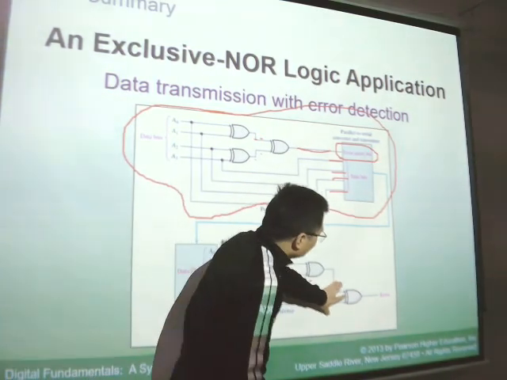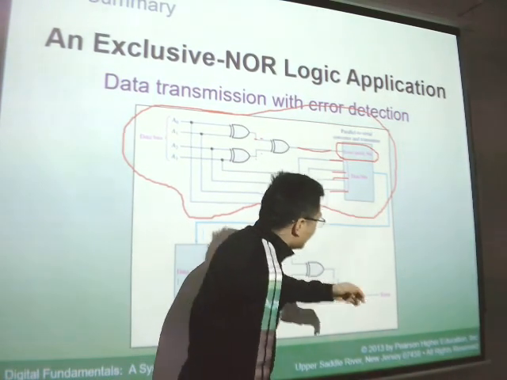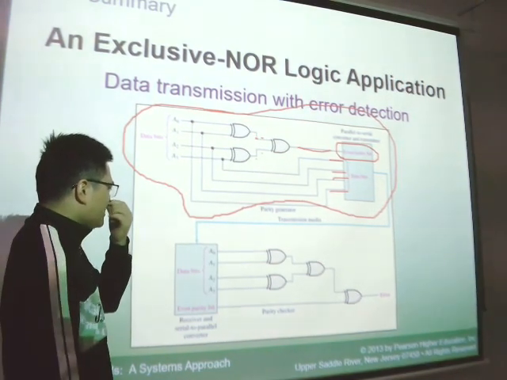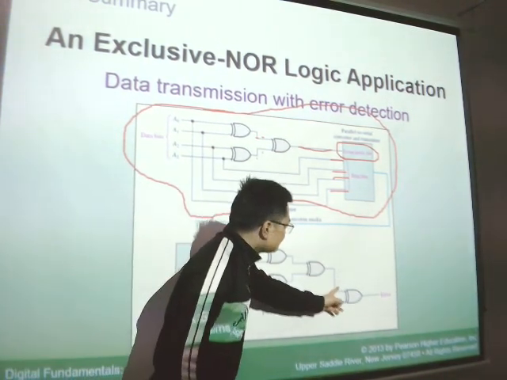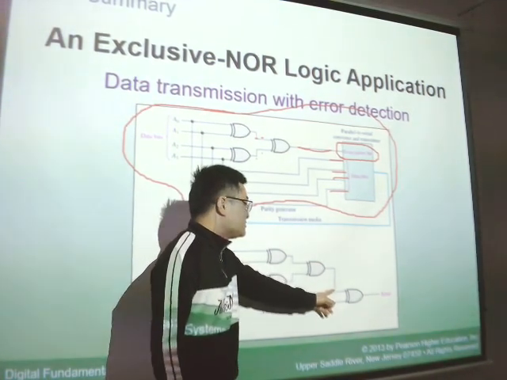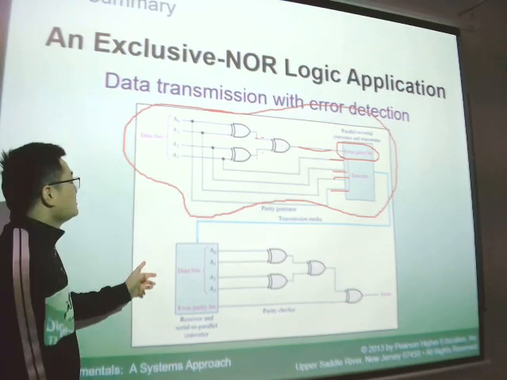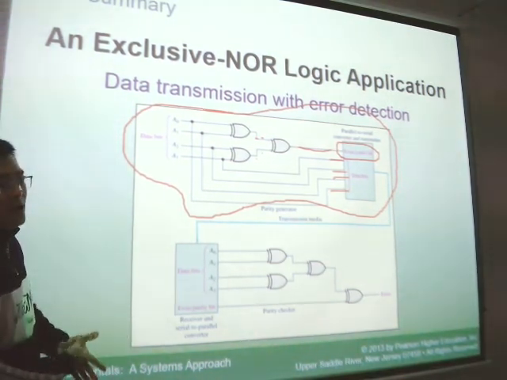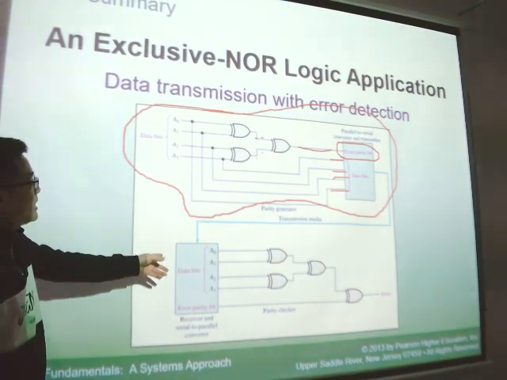These two bits are XORed. Then, if the two bits are different, we know that the data had an error.